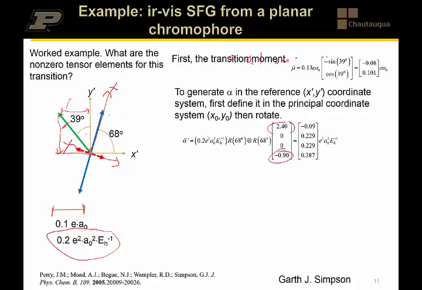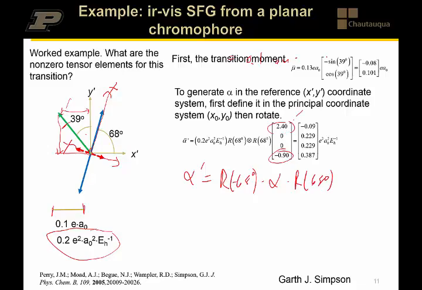So how do we get from the principal coordinate system to the x prime, y prime coordinate system? Well, there's a couple of ways we can do it. We can say alpha prime equals R(68 degrees) times R(negative 68 degrees) times alpha times R(68 degrees), which is a coordinate system reference frame rotation.